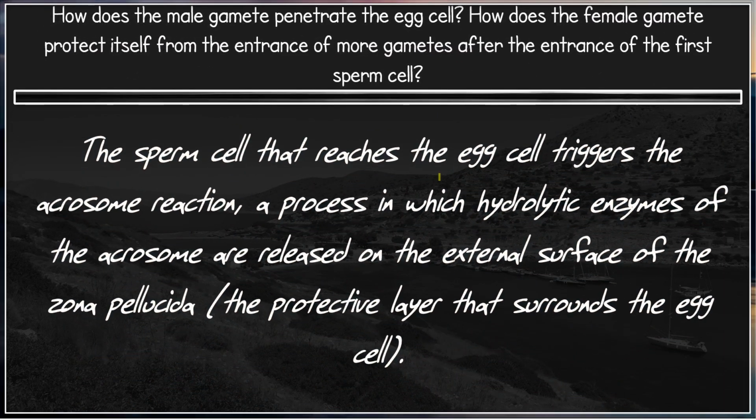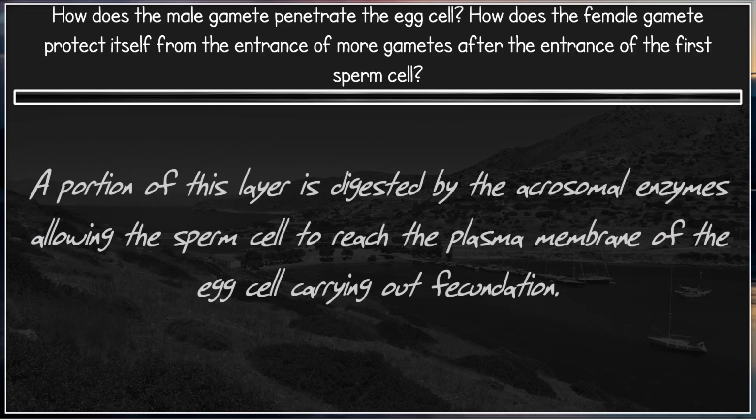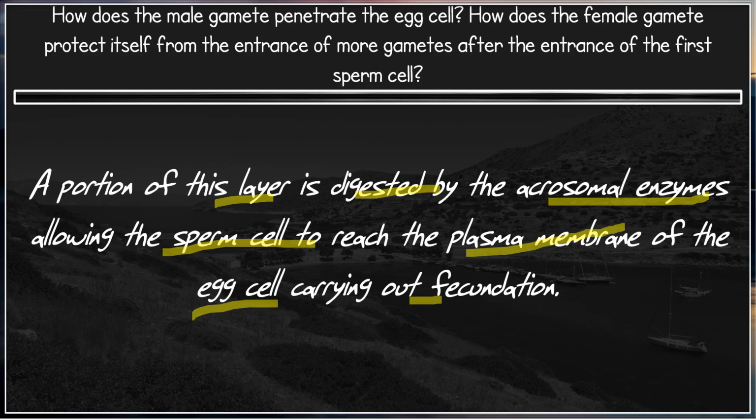The sperm cell reaches the egg cell, triggers an acrosome reaction, a process in which the hydrolytic enzymes of the acrosome are released to the external surface of the zona pellucida, the protective layer surrounding the egg cell. A portion of this layer is digested by the acrosome enzymes, allowing the sperm cell to reach the plasma membrane of the egg cell, carrying out fecundation.